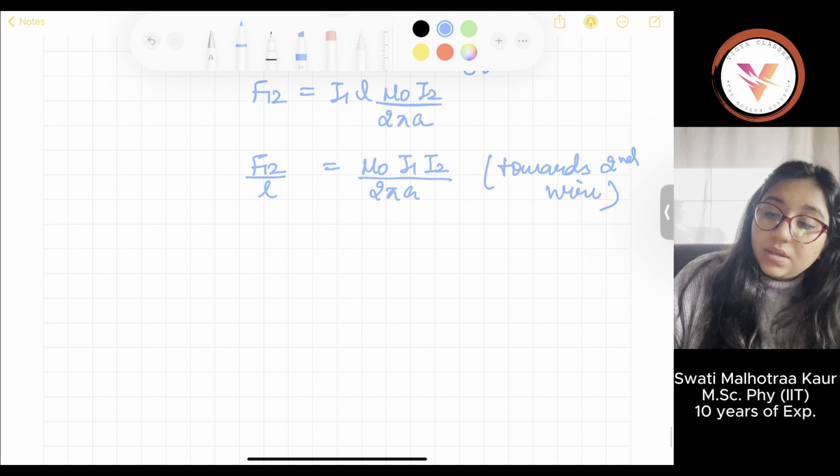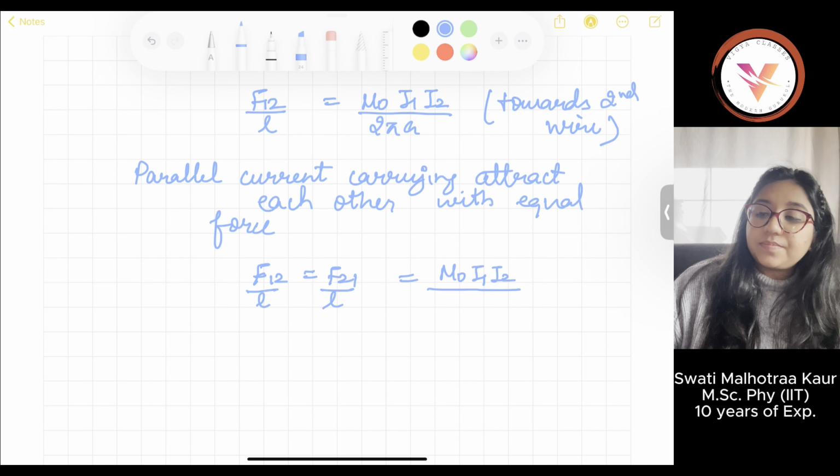That is, F12 is equal to F21, and that is equal to mu naught I1 I2 over 2 pi A.